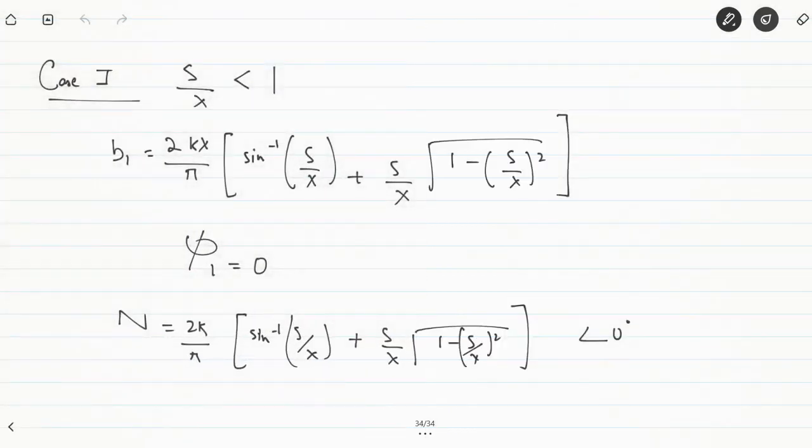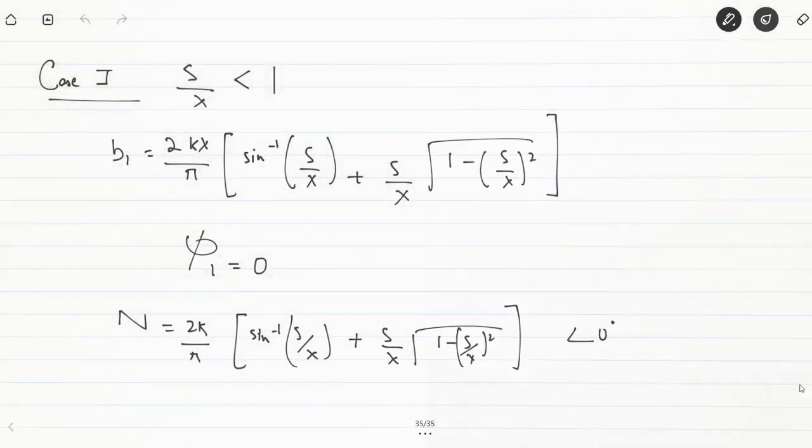In the second case, where s by x is greater than 1, that means the magnitude s is greater than x.